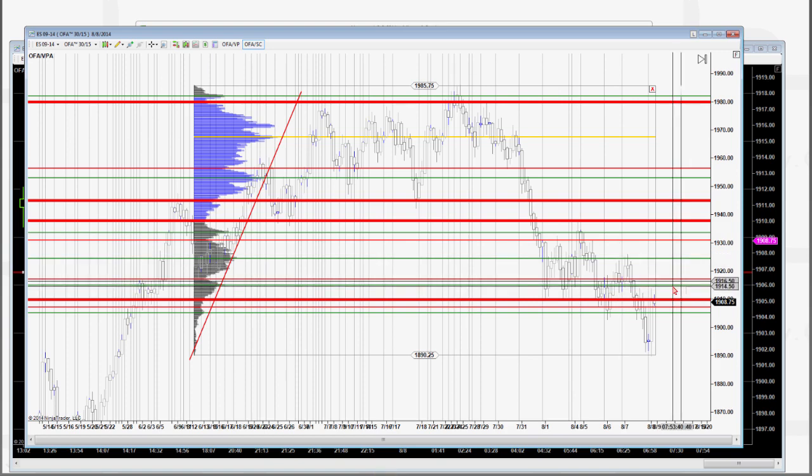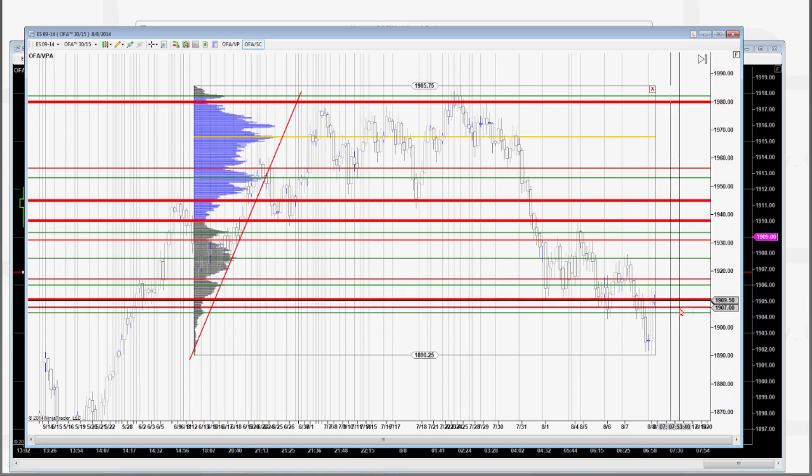Okay, not a surprise. Right now we need to wait for the open, which is another 13 minutes away. As I do this homework, these levels become very important. This is a key level, 1907, 1906.75, 1907.25.